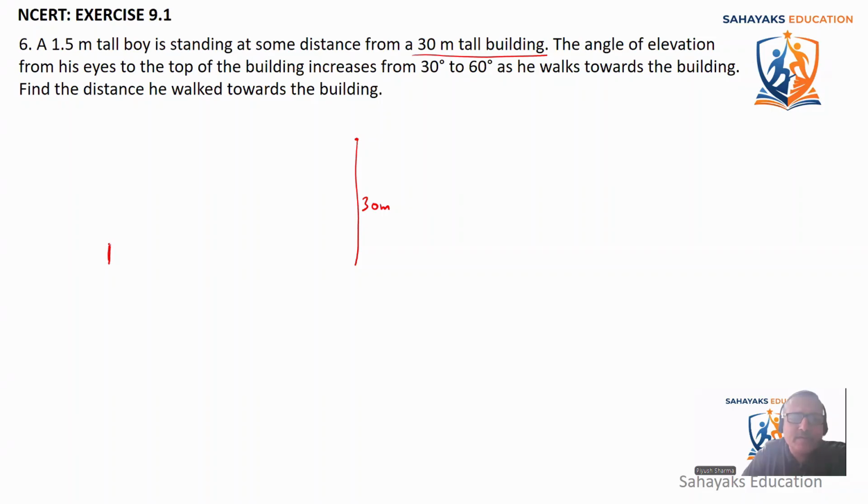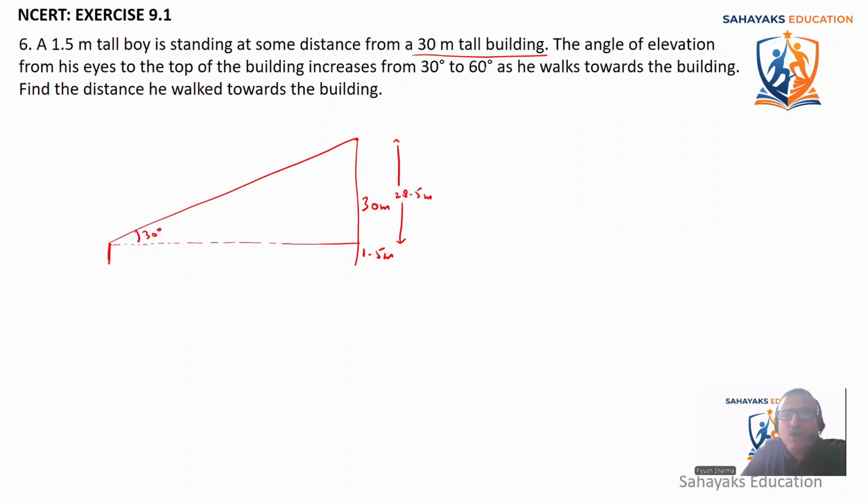So from here, if I make this virtual line here, this is 1.5 meters. So the rest distance will be 28.5 meters. From here, he's looking at the top of the building and the angle of elevation is 30 degree.